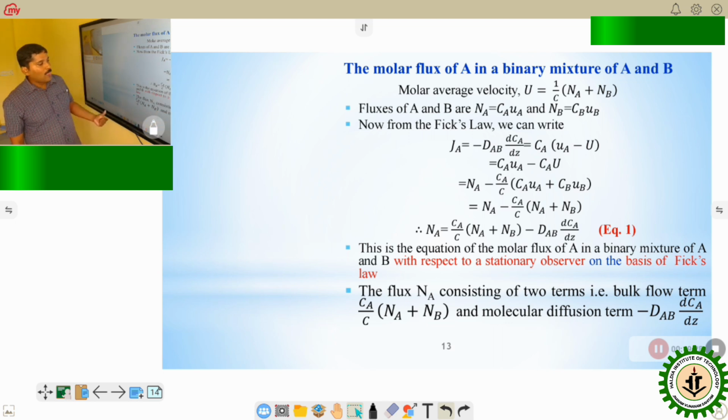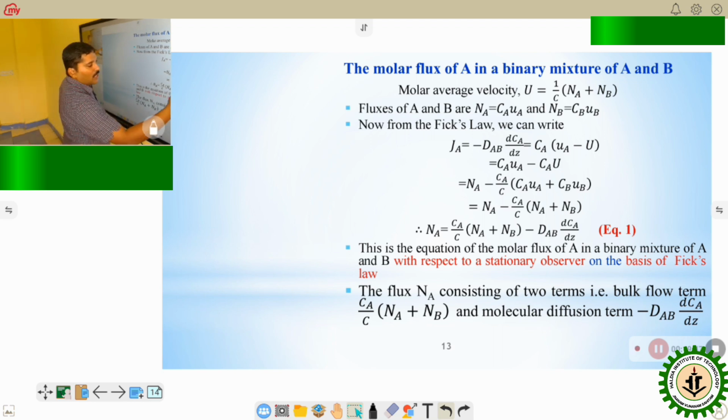Now we can say that the molar flux of A in a binary mixture of A and B, with respect to a stationary observer, has two components. One is molecular diffusion, and the other is convective diffusion.